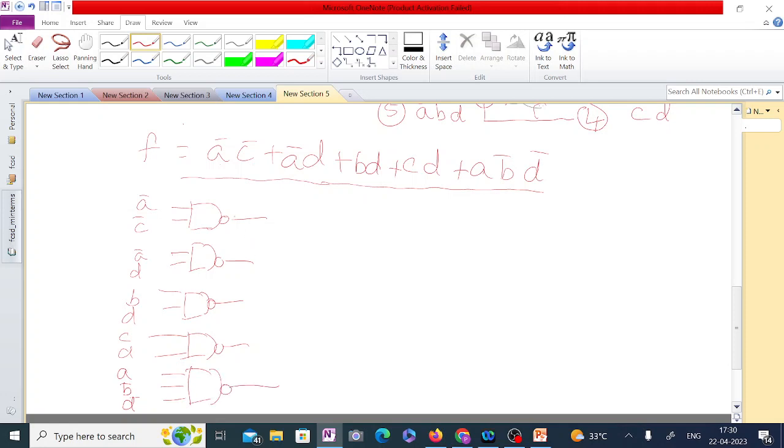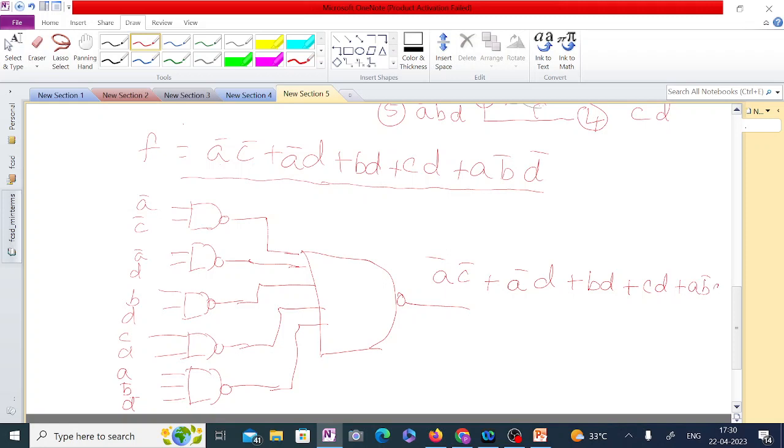So now you all know this will give you A bar C bar the whole bar, and going with this, if you apply De Morgan's law, you will get the actual expression. I am considering a multi-input NAND gate. So here you will be getting the actual one: A bar C bar plus A bar D plus BD plus CD plus A B bar D bar.